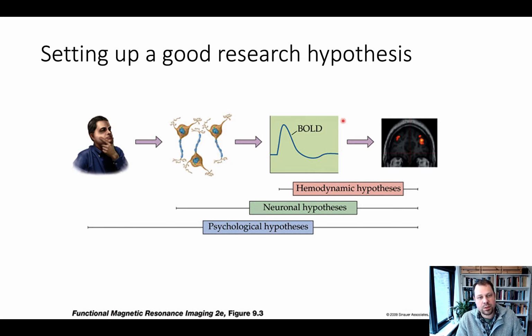The important point here is that in addition to having purely behavioral hypotheses, we also have neuroanatomical ones. So in what types of regions do we expect activation to occur in our specific task? And we also have psychological and possibly neuronal or hemodynamic hypotheses that we can specify in the context of neuroimaging.